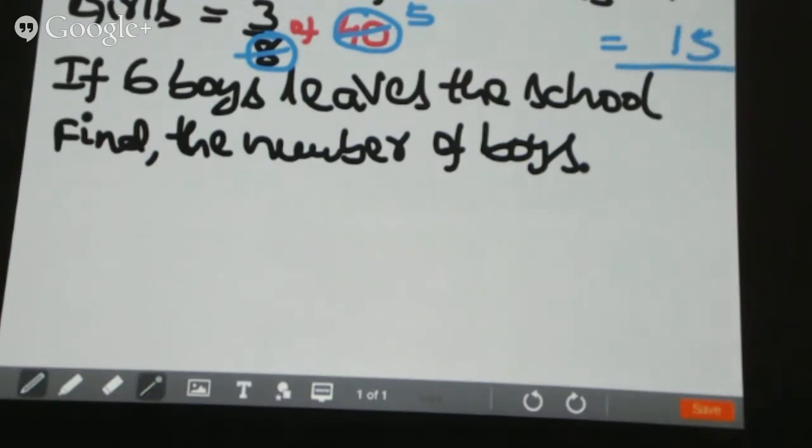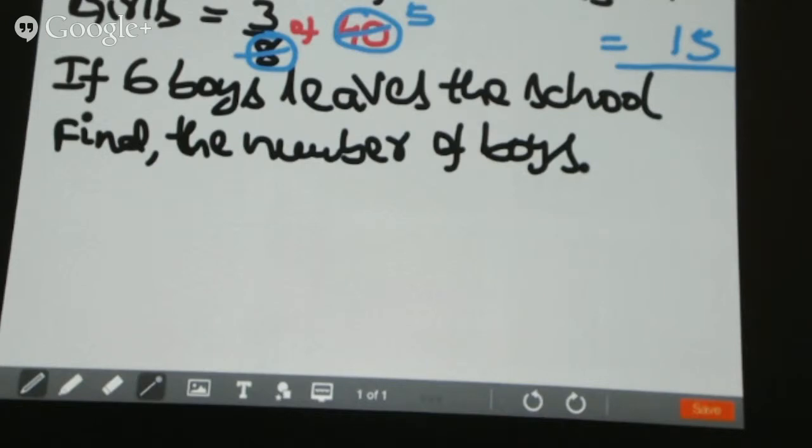Here, out of 40 students, if 15 are girls, can you tell me how many boys are there? May I have your attention, please? There are 40 students.